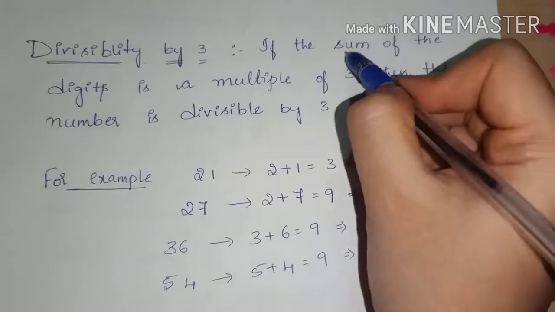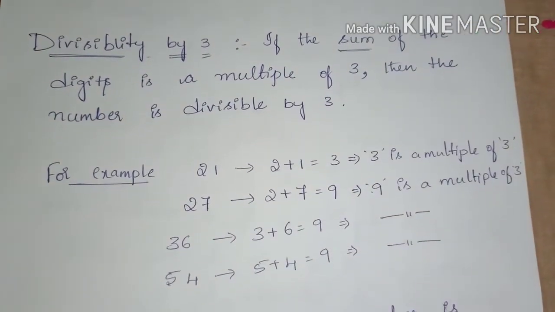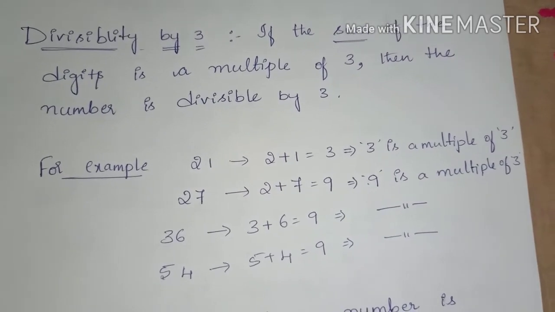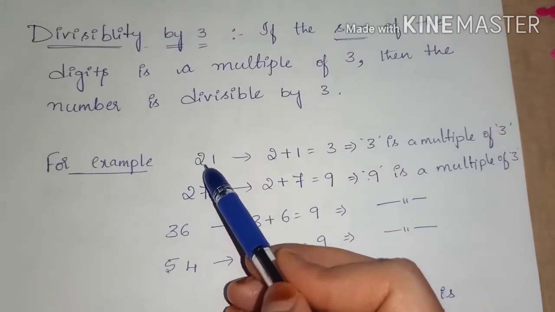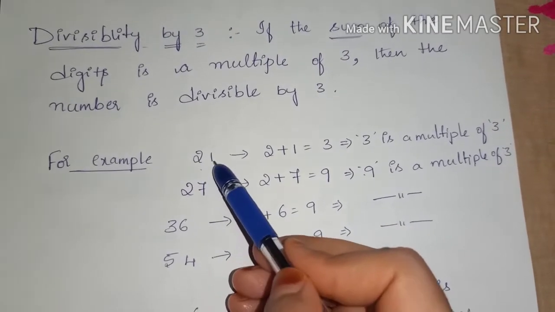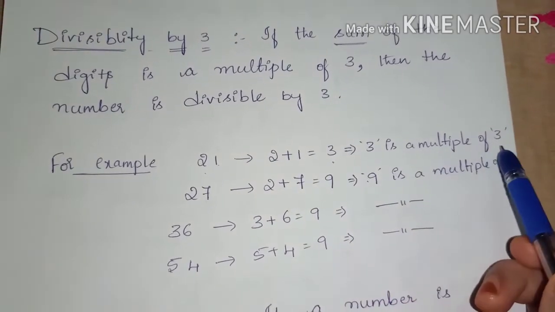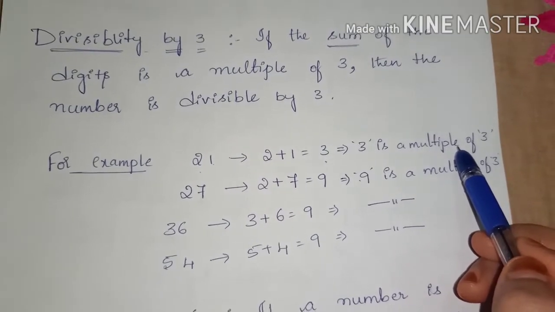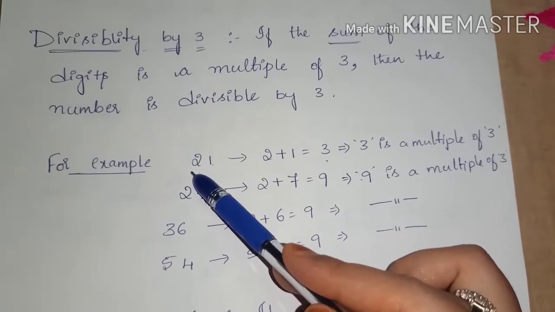Whatever the number they give, you should add the digits of that number. For example, 21. Here you should add both the digits, 2 and 1. 2 plus 1 is 3. 3 is a multiple of 3, right? 3 ones are 3. Of course, it is divisible by 3. Hence, 21 is also divisible by 3.